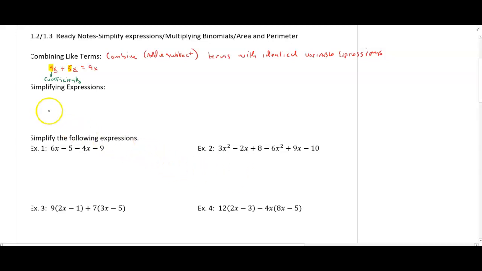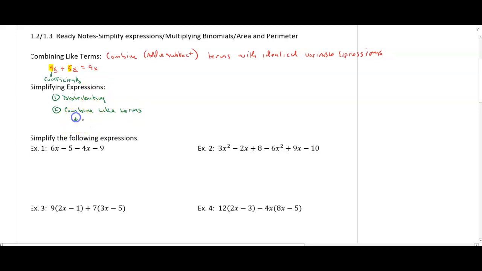When we go to simplify expressions, the first thing we do is we get rid of any parentheses by distributing. Once we distribute, then we look to combine like terms. Couple of things here.